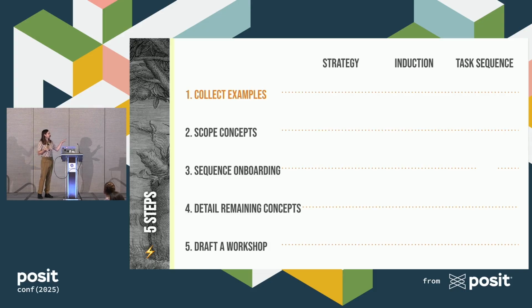So the first step is collecting examples, followed by scoping concepts, so breaking the examples apart, and then sequencing and onboarding, figuring out how you would get a new person to understand the crux of what your library does, and then finally detailing all the remaining concepts or the big pieces left over, and then drafting a workshop, which I think is the documentation form of touching grass, being sure that your documentation's meant for humans and you can see when they have a bad time or a good time with it.